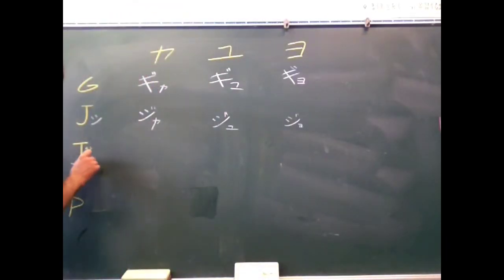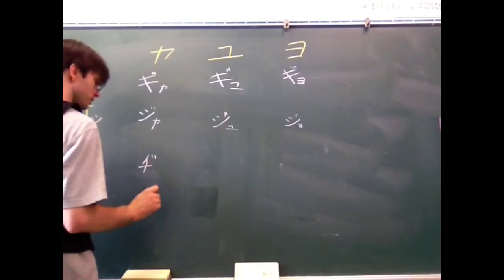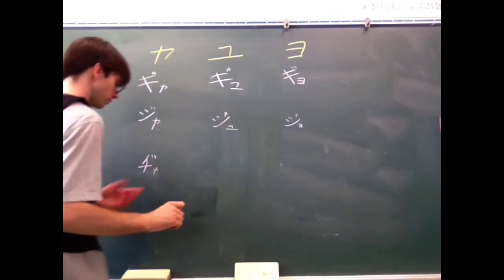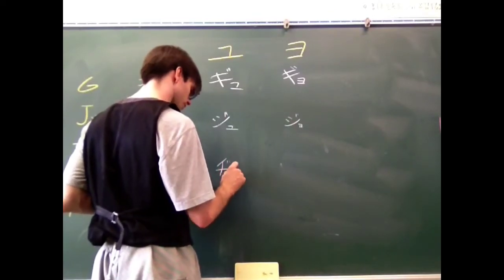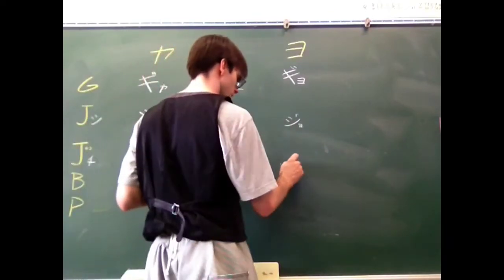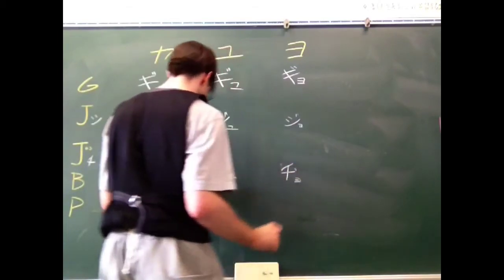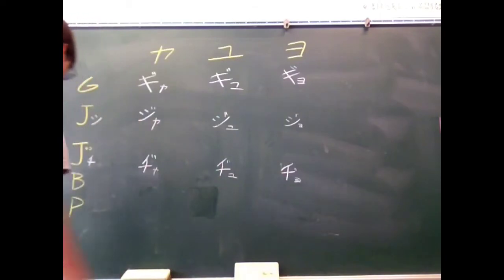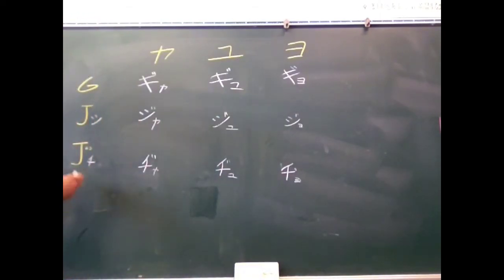This one is with chi. So base form chi, ten-ten for ji. Again, this is relatively unused, but just so that you know them because you ought to. Ja, ju, jo. Next is the B's. We're going to move that down a little bit. And then the P's down here.